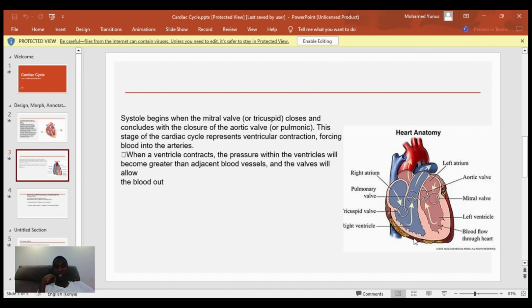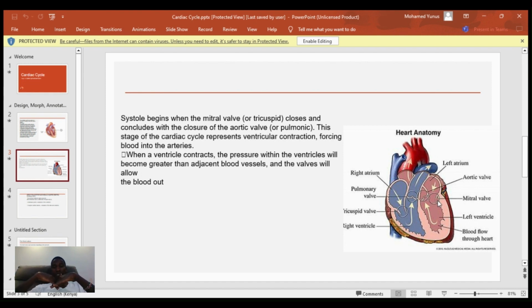When the ventricular walls contract, there will be an increase in pressure. The increase in pressure will force the pulmonic valve and the aortic valve to open, enabling the blood to get into the blood vessels. The tricuspid and the mitral valve also form a V shape.